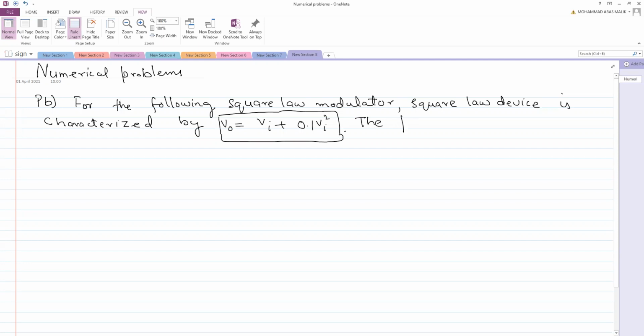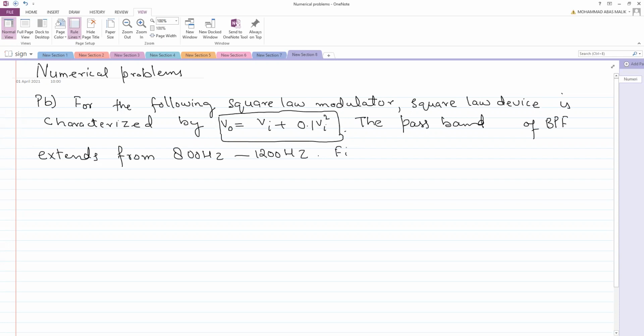In continuation with this, the pass band of the band pass filter extends from 800 hertz to 1200 hertz.